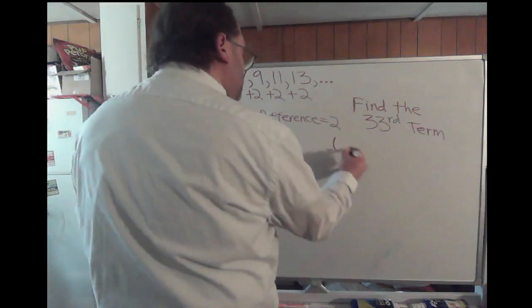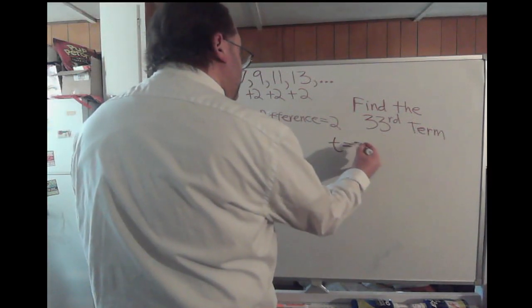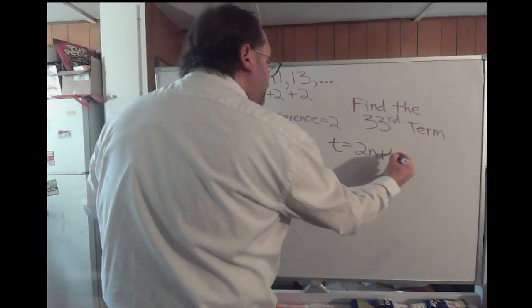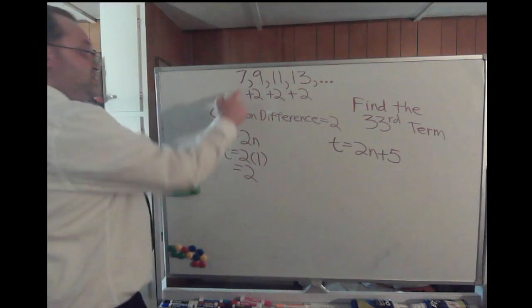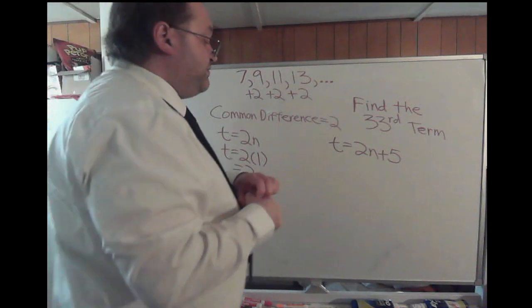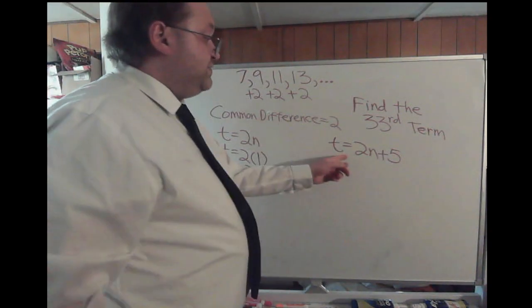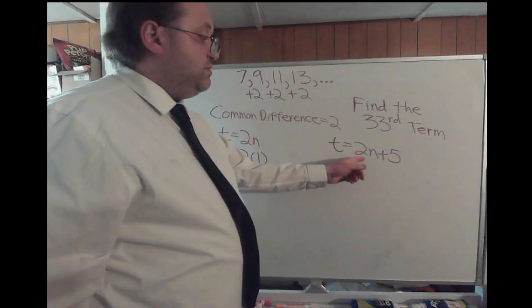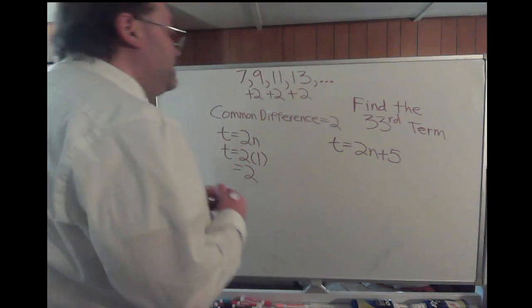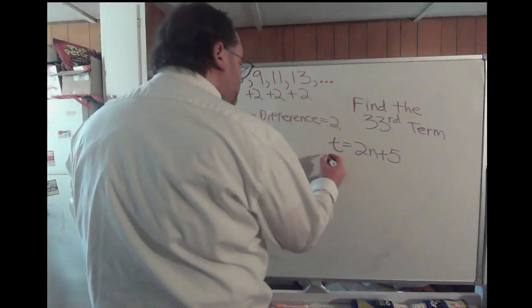So each term is going to equal that common difference of 2 times the number of the term you're on, plus 5, because to get from 2 to 7, you've got to add 5. Now they want you to find the 33rd term.